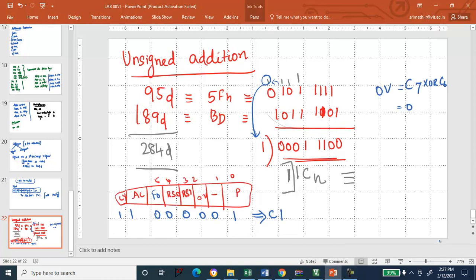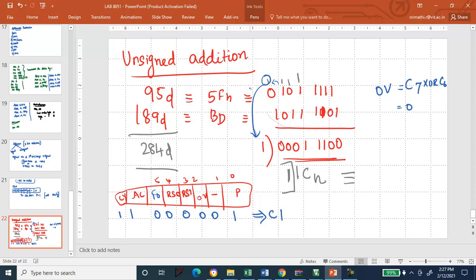So we are adding two numbers now. We know the result. We have 1C and we have a carry of 1, meaning we have a 9th bit. So this is the program status word register. As I said already, the result will be reflected in the program status word register.